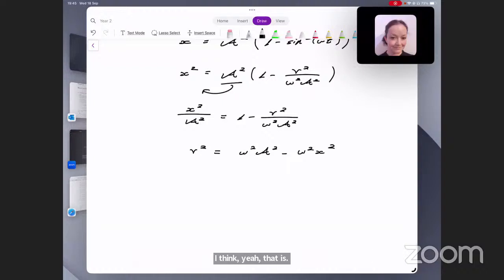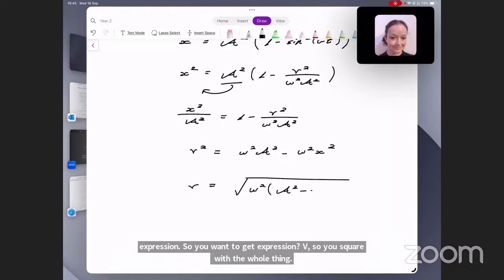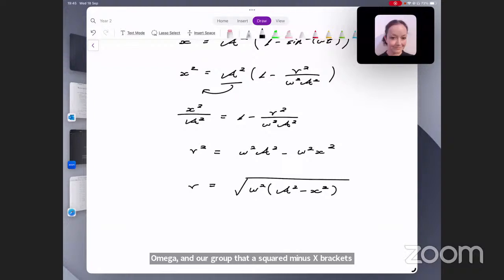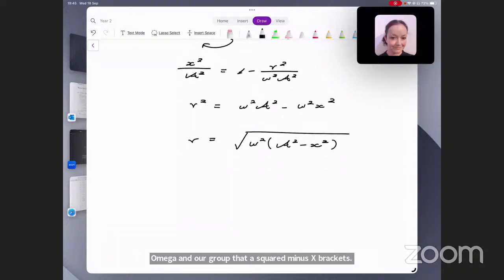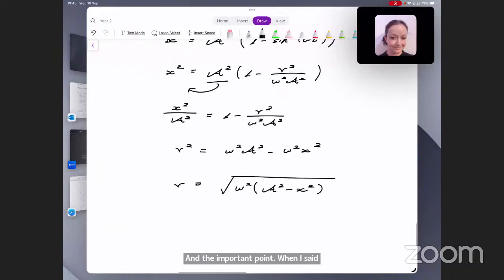To get the expression in terms of v, you square root the whole thing. I'll group the a squared minus x squared into brackets, and hopefully you can see why, because they both share the omega squared term. The important point I made earlier about losing information is that once you square root something, you get a plus or minus, because if you square a minus root you also get the positive value.